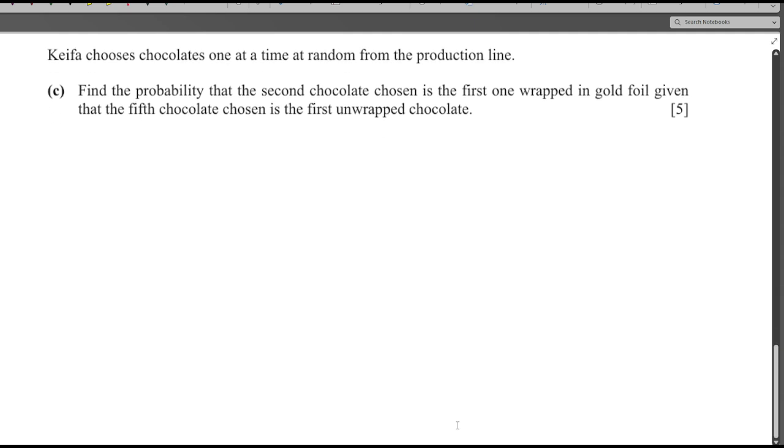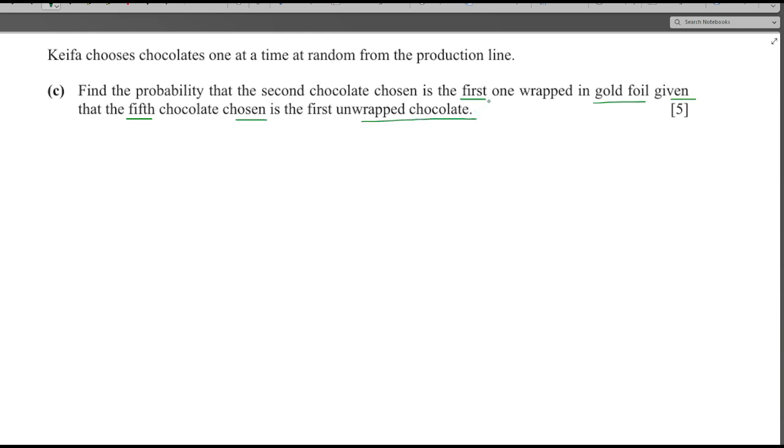Okay, now let us see the third part of the question. Kaifa chooses chocolates one at a time at random from the production line. Find the probability that the second chocolate chosen is the first one wrapped in gold foil, given that the fifth chocolate chosen is the first unwrapped chocolate.